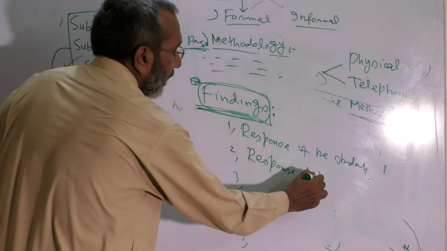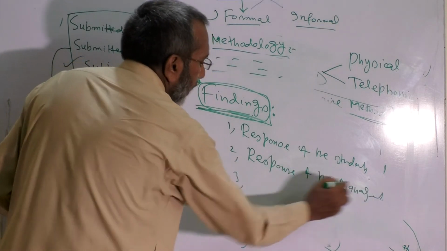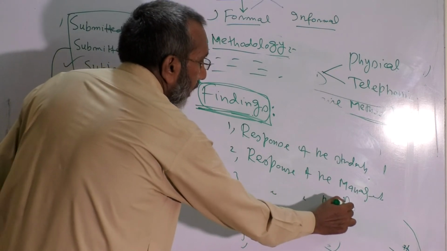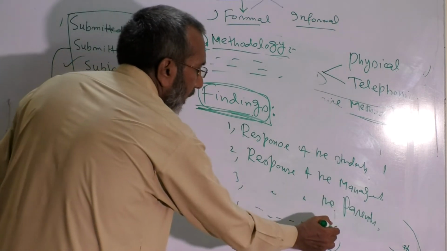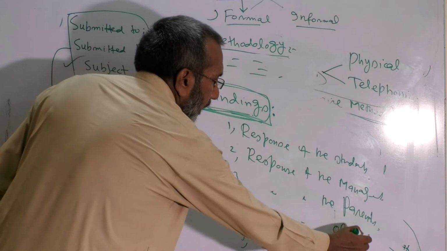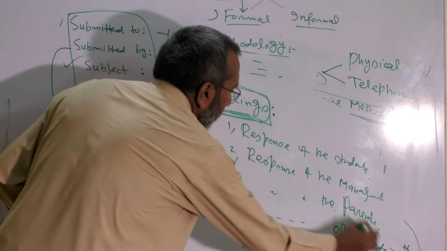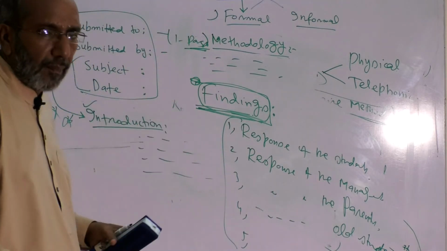Suppose I say the response of the parents, what they say. Response of the old students, response of the general public. It means we just make 4 or 5 headings just to make it clear.